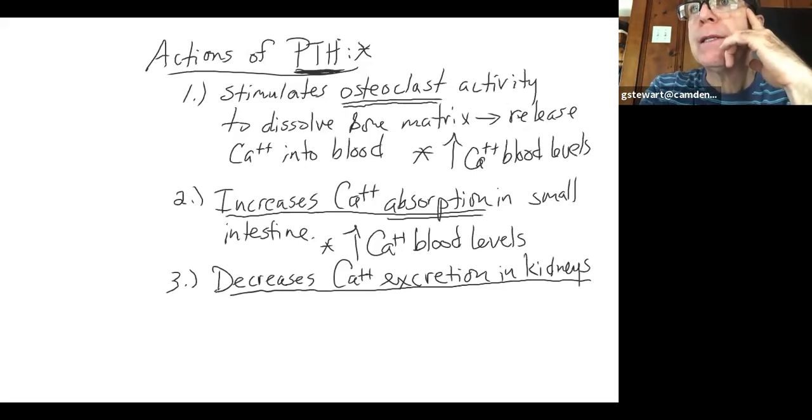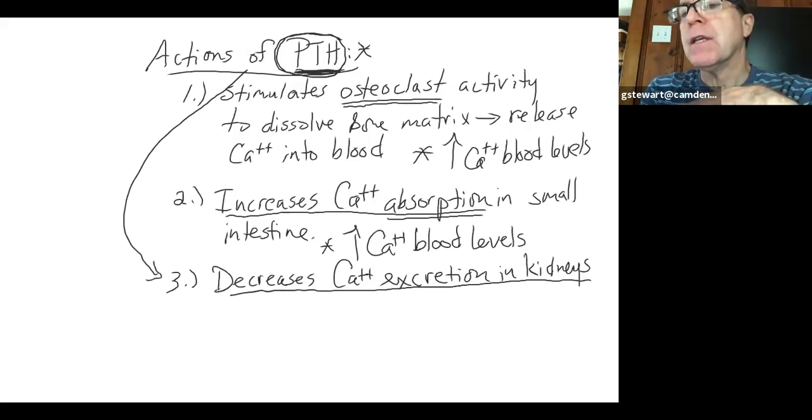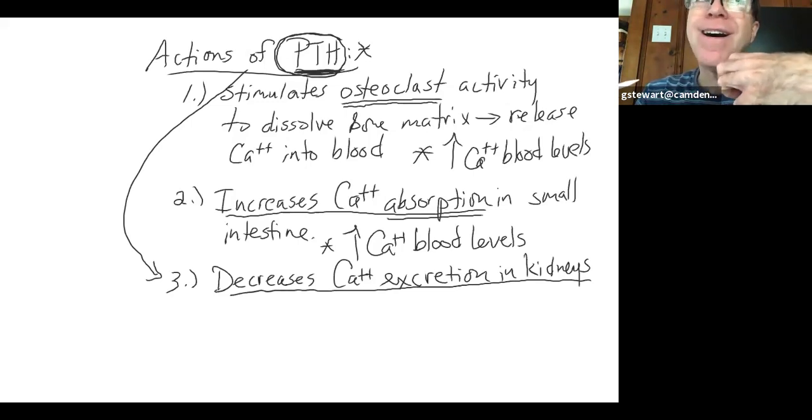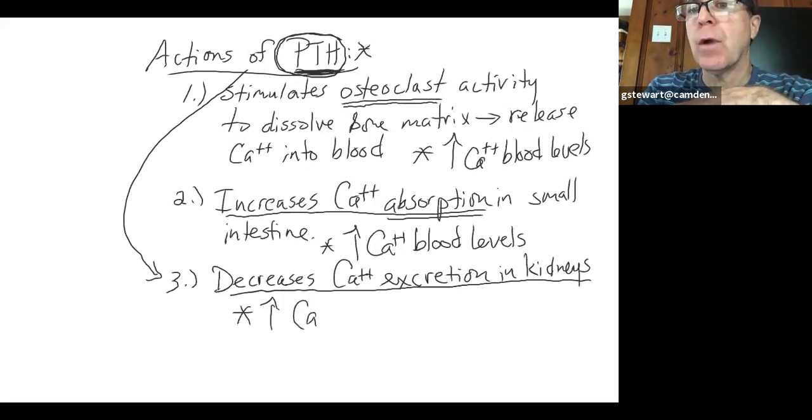But when PTH is secreted from the parathyroid glands, this hormone signals the kidneys to decrease excretion of calcium in the urine. That way our body holds on to that calcium, and so that ultimately increases calcium blood levels as well. So you can see all 3 of these actions increase calcium blood levels.